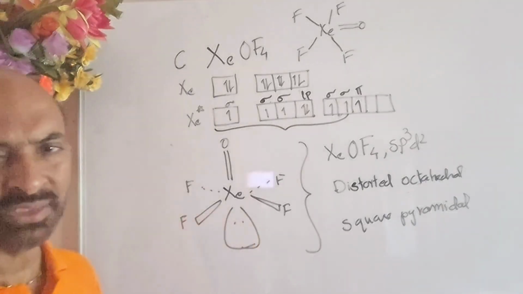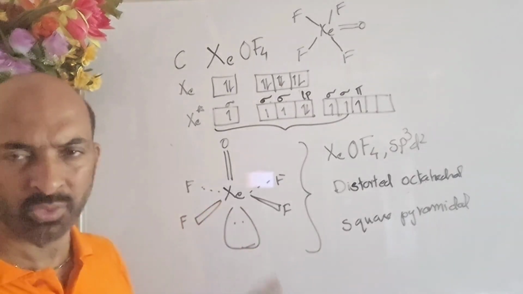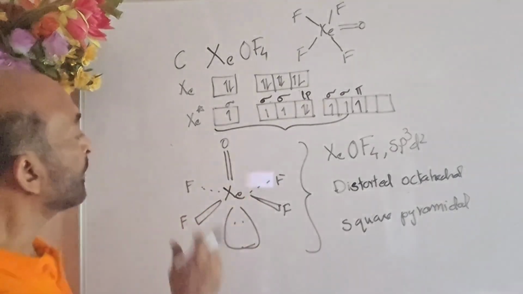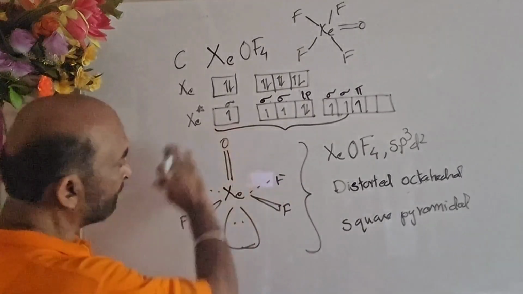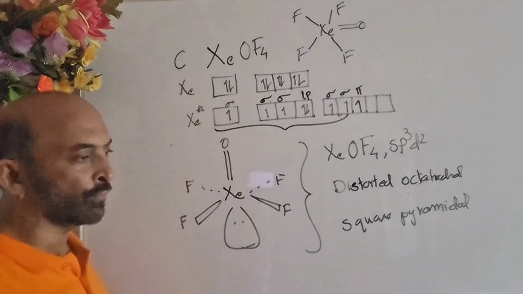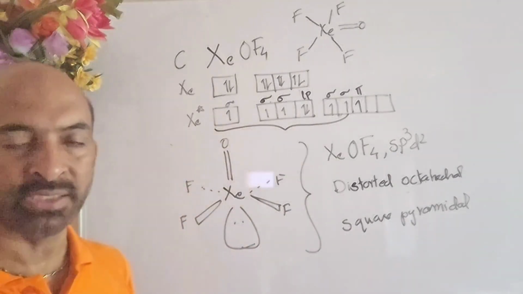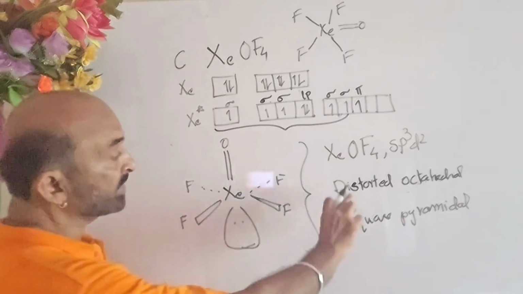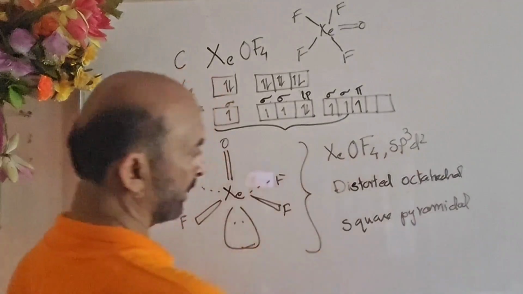Downward, upward, etc. are just pictorial. There is no meaning actually. If one is above, the other will be below. That's all. So this is the appearance of XeOF4 molecule. So what is its hybridization? sp3d2.